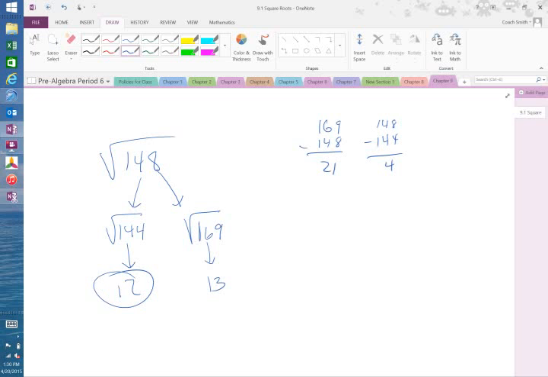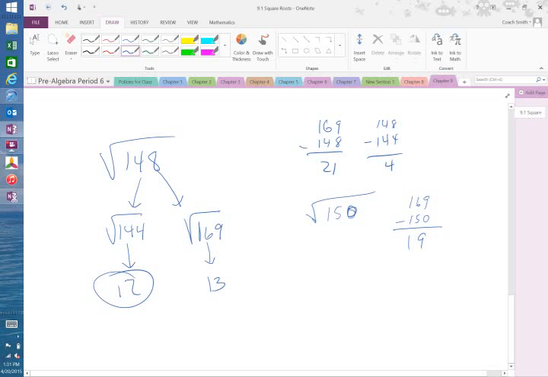Okay, now, where that would change is if we had, for example, the square root of 150. Well, the square root of 150 is almost in the middle between the two.